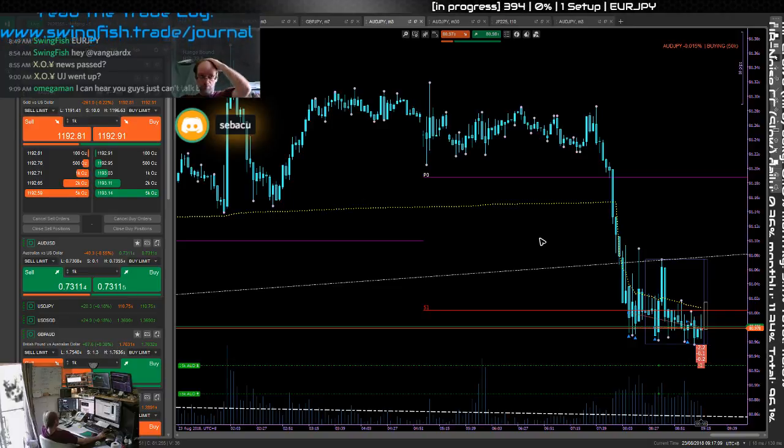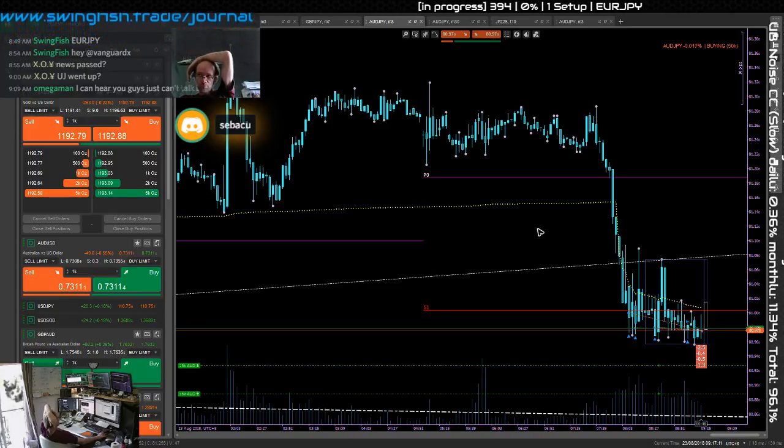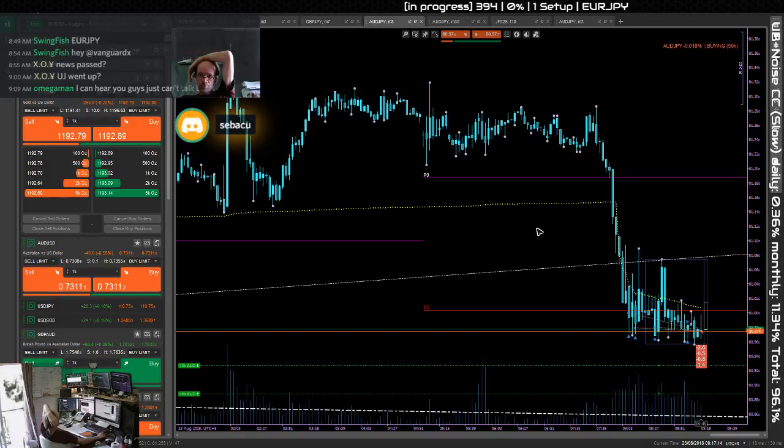If it breaks this, the next resistance is 128.25. This is how I see it.